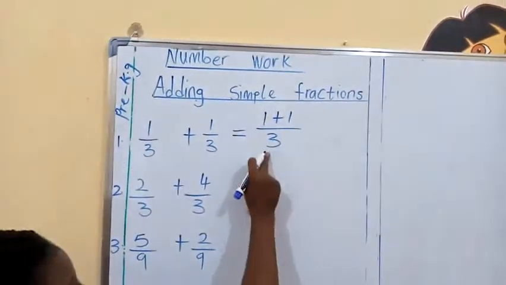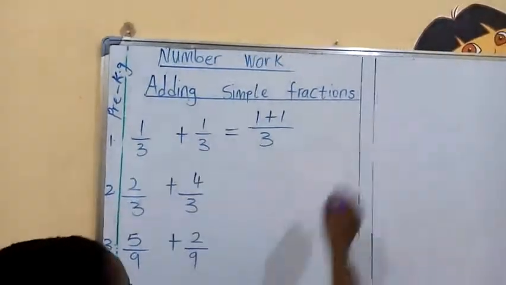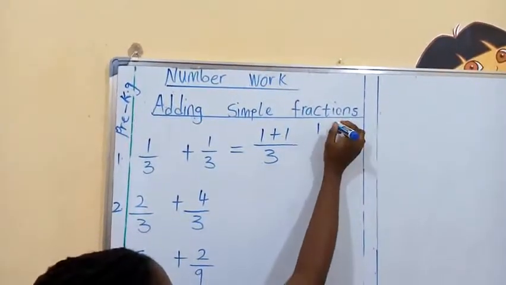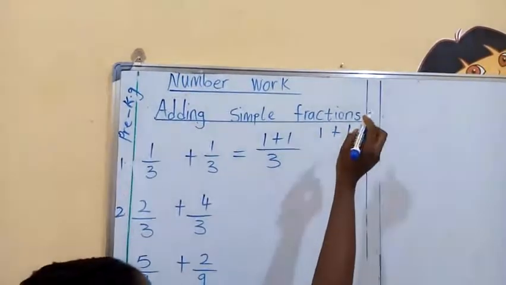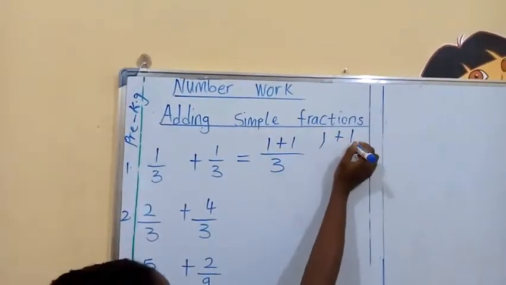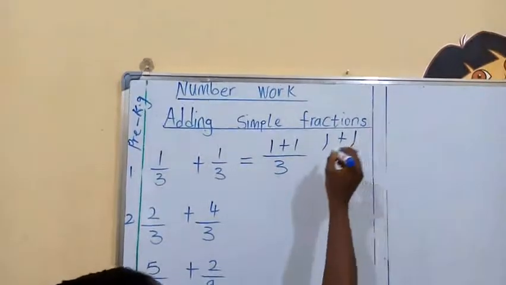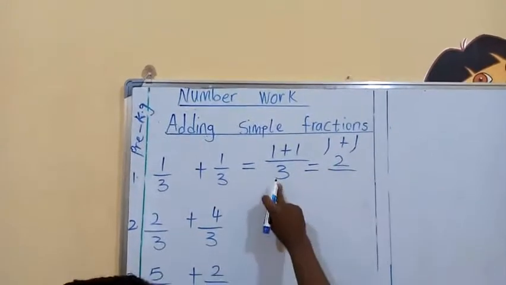The denominator is what? 3. Okay, now let's add 1. Let's count 1 together. 1. And then we count another 1. So now we add all of them together. It gives us what? 1, 2. So our answer will be what? Our answer will be 2 all over what? 3.